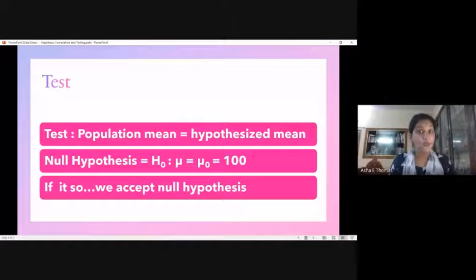I took the marks of all 1,600 students, divided the total marks by the number of students, and that's what I call the population mean. I got 80 upon 100.